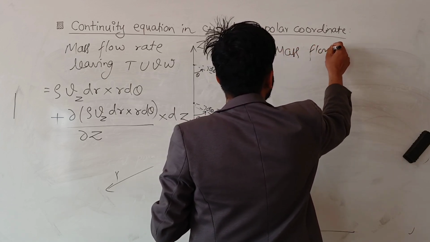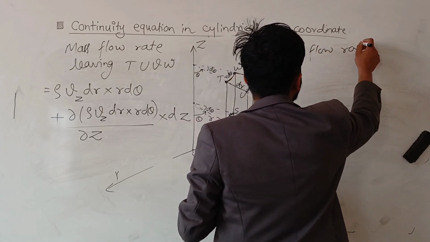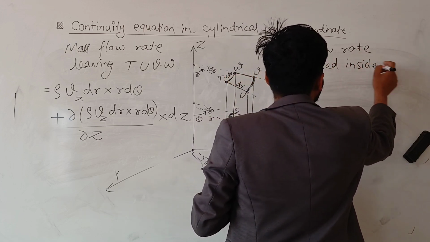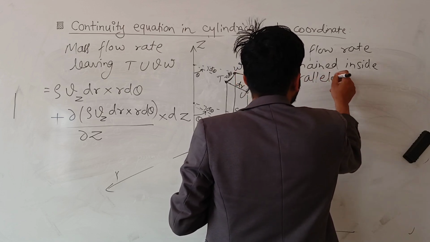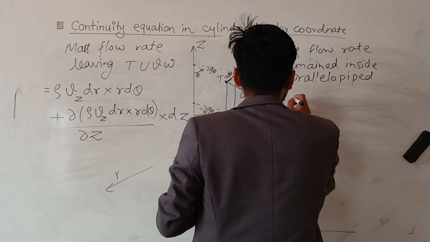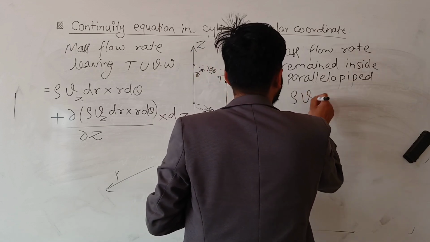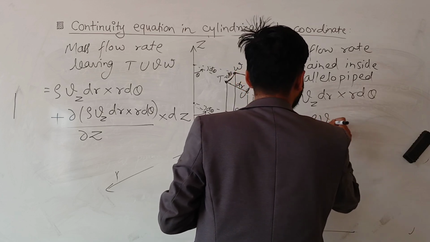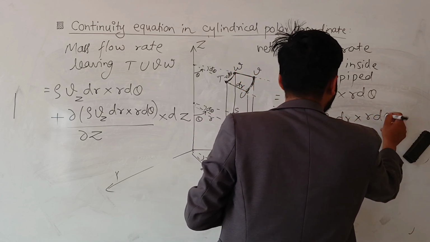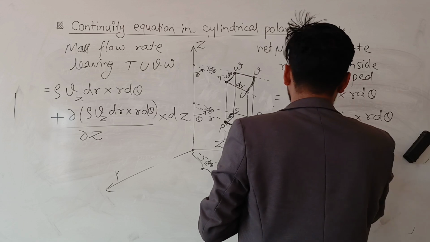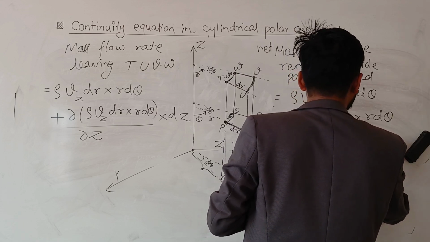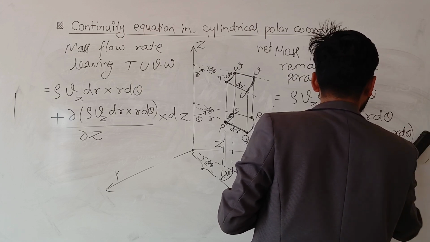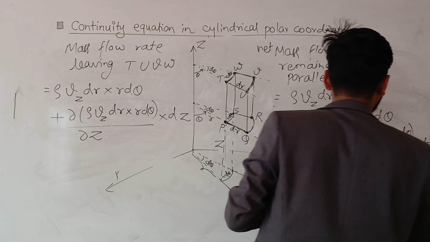Net mass flow rate remained inside the parallelepiped is equal to rho Bz dr into r d theta minus rho Bz dr into r d theta minus del rho Bz dr into r d theta by del z into dz, okay?